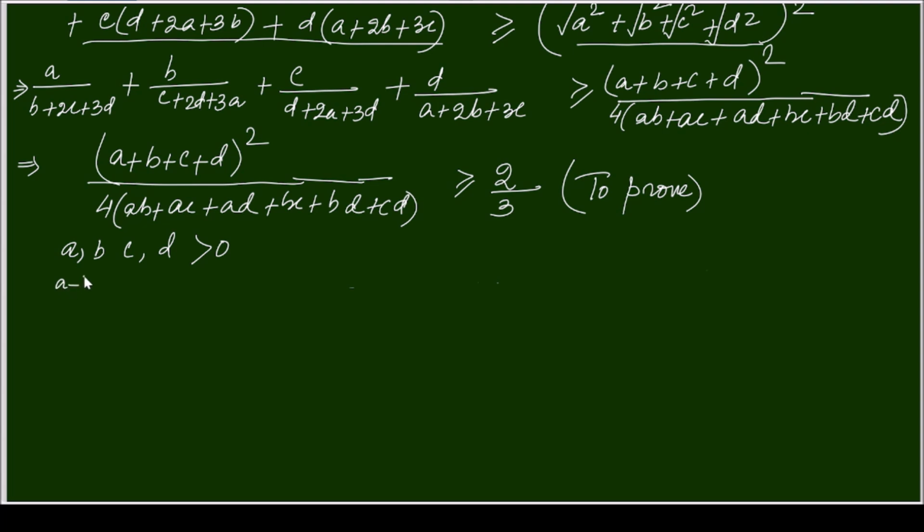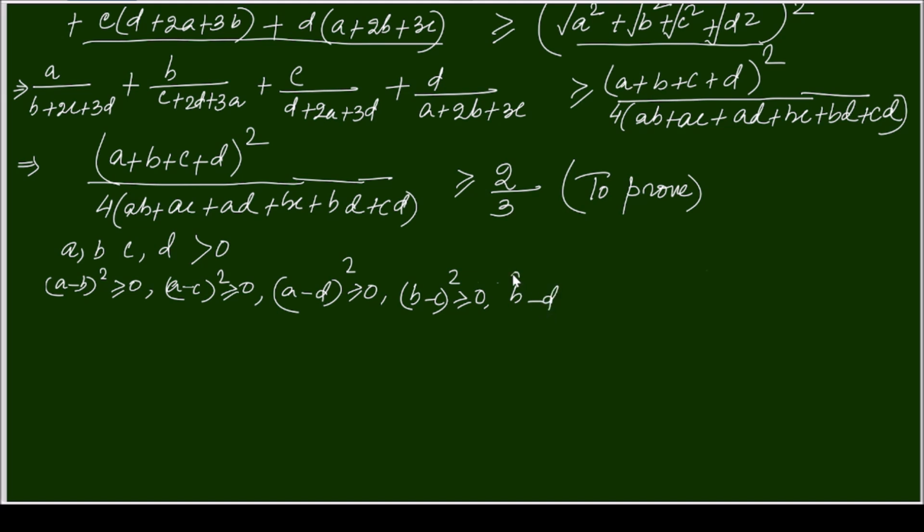So a minus b whole square is greater than or equal to 0, a minus c whole square is greater than or equal to 0, a minus d whole square greater than or equal to 0, b minus c whole square greater than or equal to 0, b minus d whole square greater than or equal to 0, and c minus d whole square greater than or equal to 0.